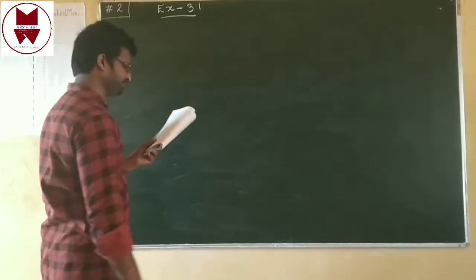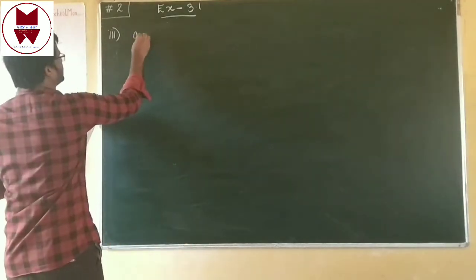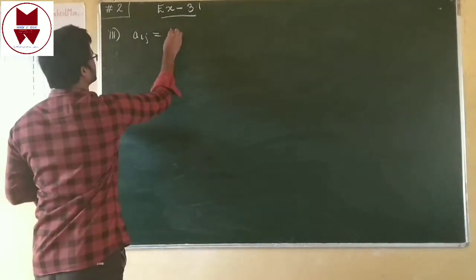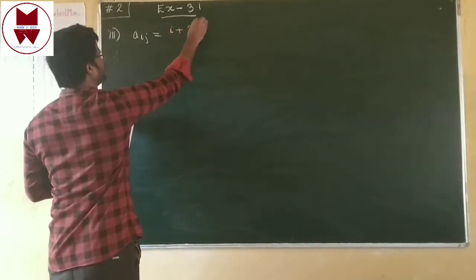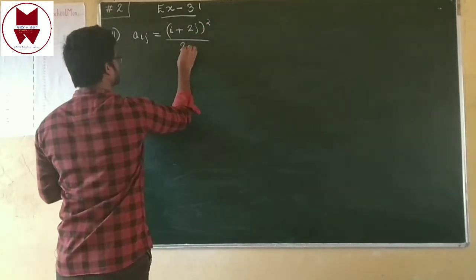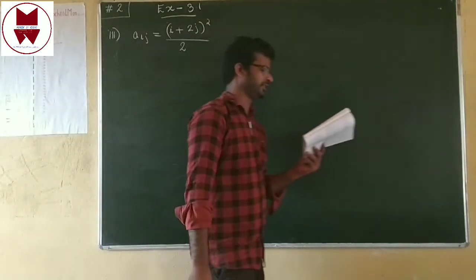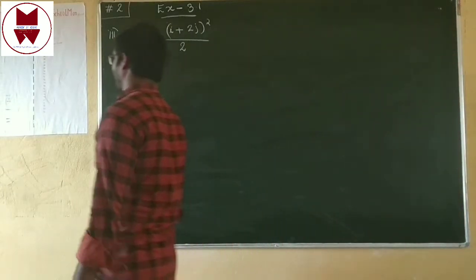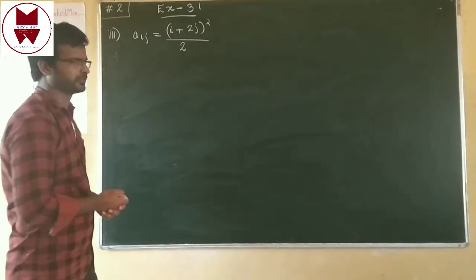Roman number 3 is the general term given: Aij equal to (I plus 2j) whole square divided by 2. (I plus 2j) whole square divided by 2. Here also we have to find a 2 by 2 matrix only.